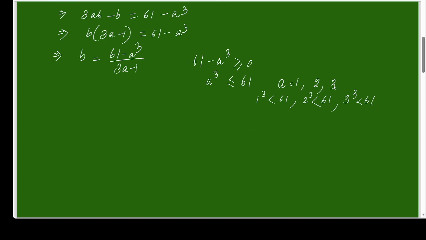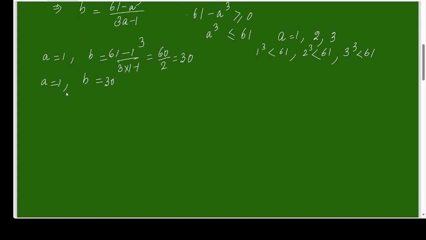So I can take a as 1, 2, 3. First, when a is equal to 1, b will be 61 minus 1 cube over 3 into 1 minus 1. That will be 60 over 2, which is 30. So a is equal to 1, b is equal to 30.